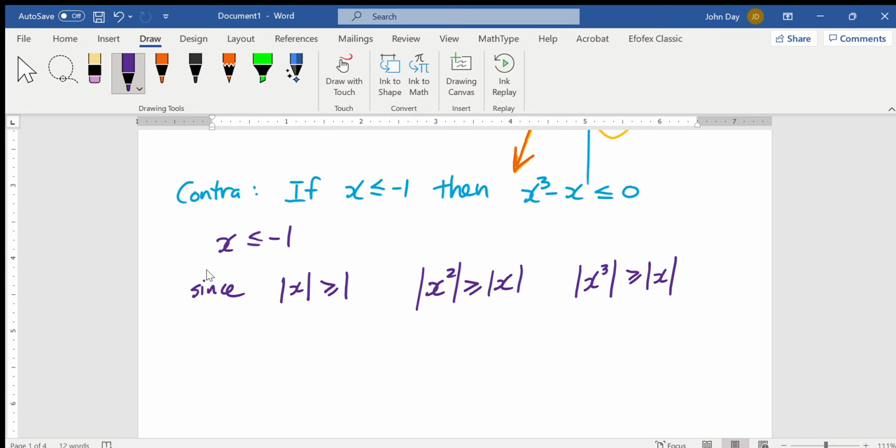Now, since x is negative, we would say that negative of x squared turns out to be smaller than x. That would be the interpretation of what you've written there. And x cubed, of course, would be smaller than negative of x squared, which would be smaller than x.